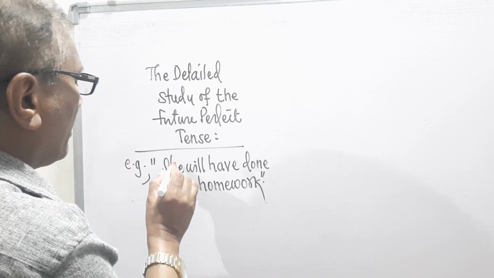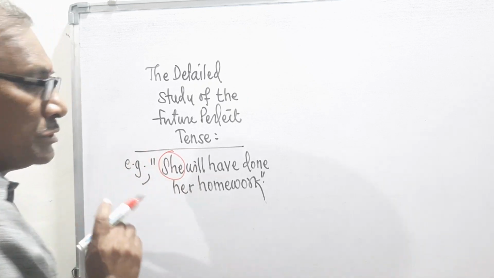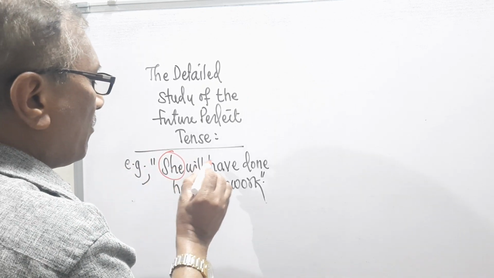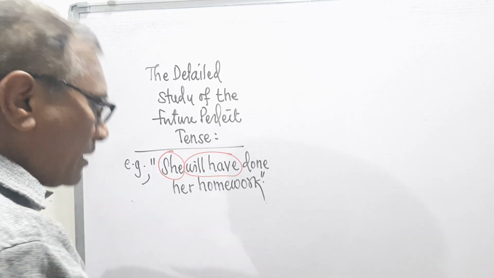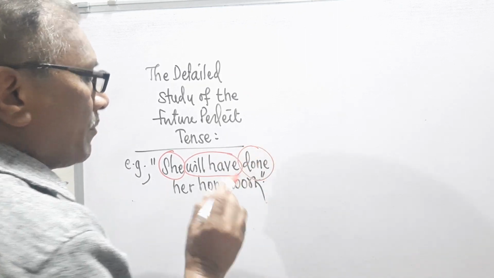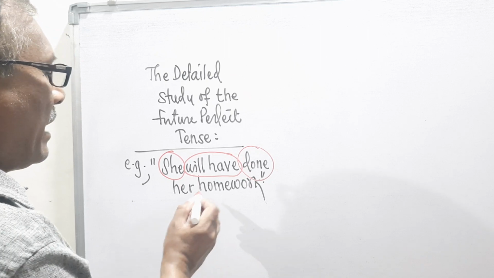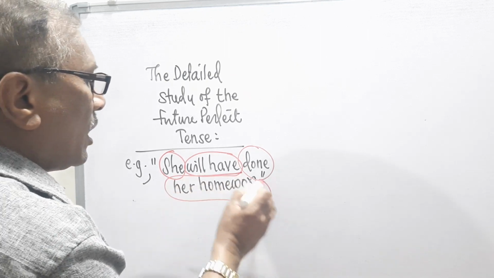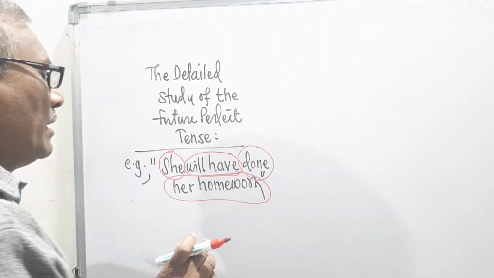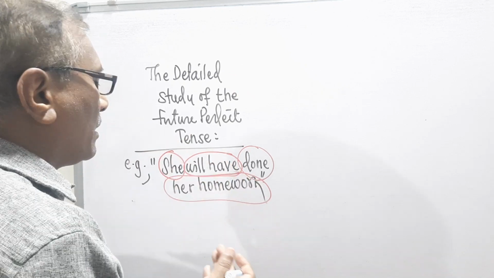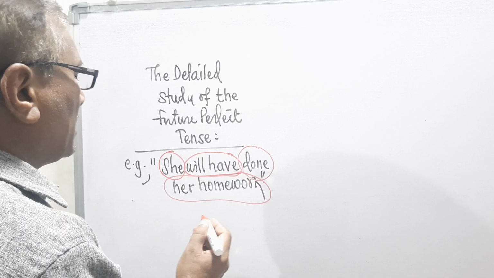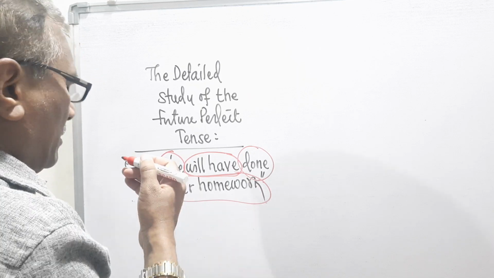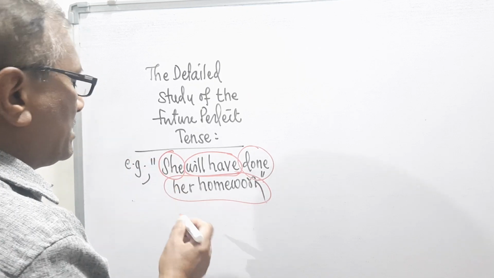So remember, here I have taken she as the subject, then will have is the helping verb here, done is the past participle here, and her homework is the object here. So when we want to write the future perfect tense, then we should write and speak like this.